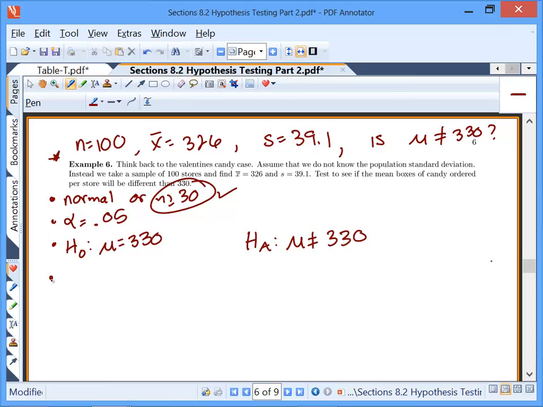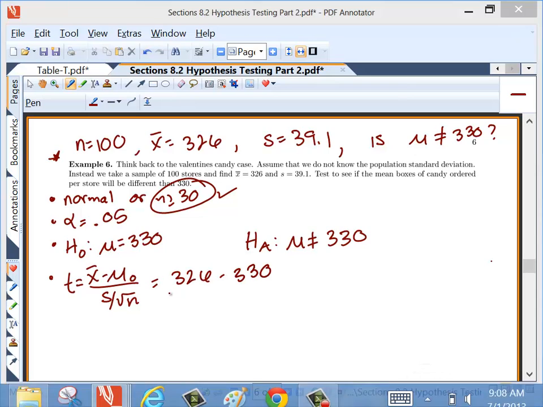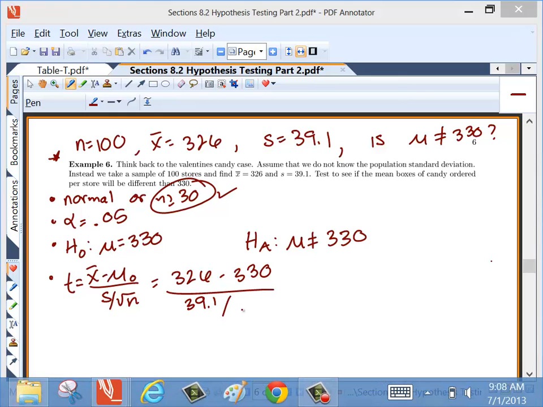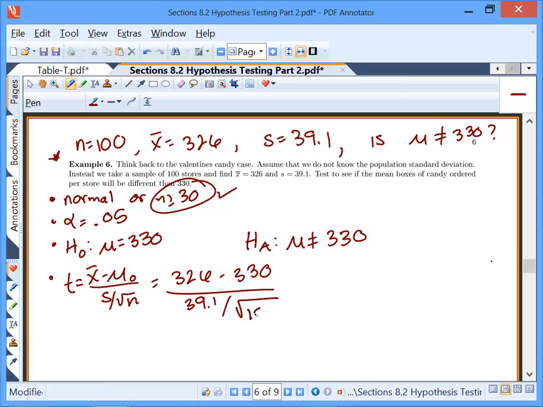What's next? We need our test statistic. So let's plug everything in: x bar is 326 minus our 330, over 39.1 over the square root of 100.